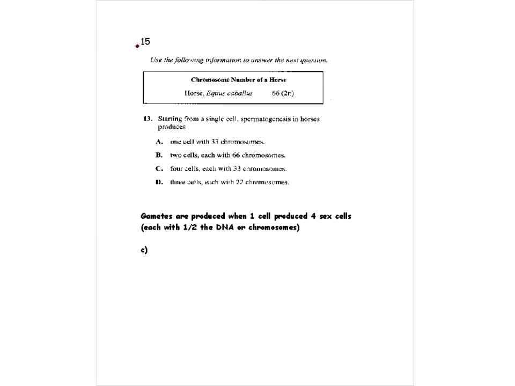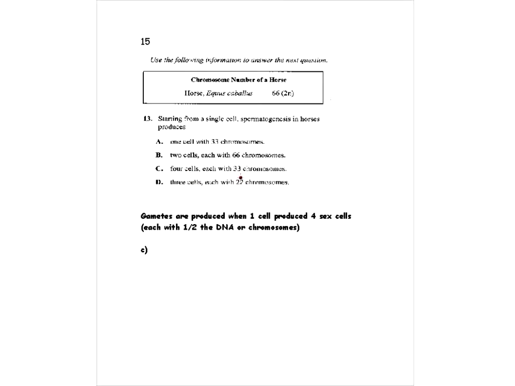Okay, this one shows us that the chromosome number of a horse is 66 chromosomes, or 2N. And it says, starting from a single cell, spermatogenesis in horses produces, well, the answer is going to be 4 cells. Whenever gametes are produced, you have 4 cells.